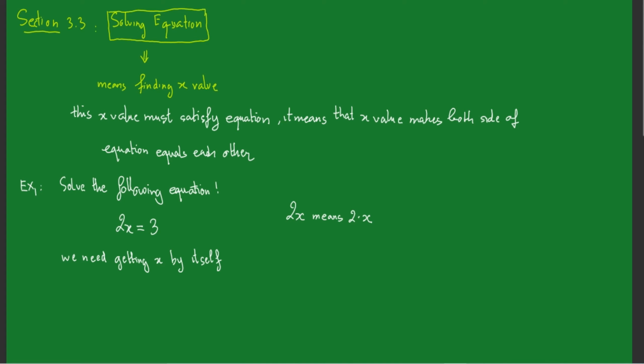So over here on the left hand side we have 2x, and of course we don't want the number 2. We just want x. So how are we going to get rid of the number 2? Because 2x means 2 times x, I can rewrite this as 2 times x equals 3, right?